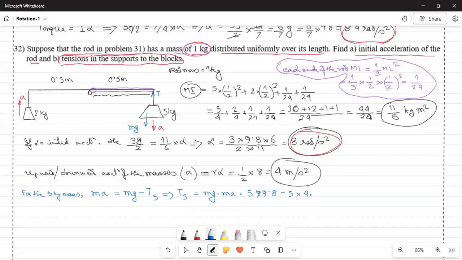This is equal to 5 into 5.8. If you calculate this, this will be 29 Newton.